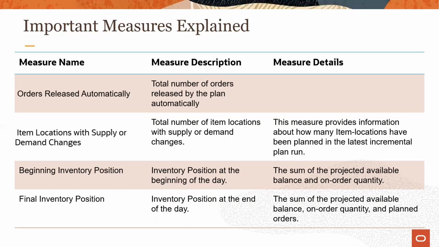Final inventory position is after the plan has computed replenishment orders; the final inventory position is then sum of projected available balance, on order quantity and the planned orders created on that particular day. So it ultimately shows inventory position at the end of the day.